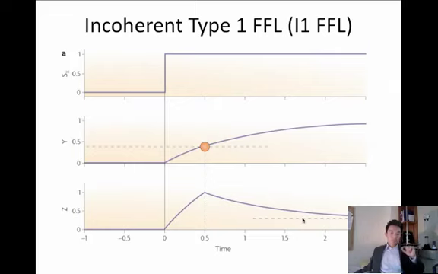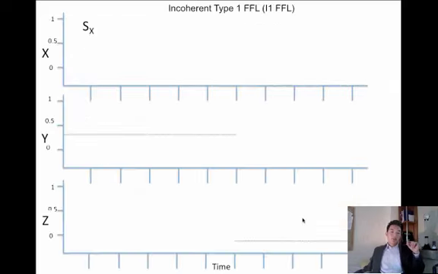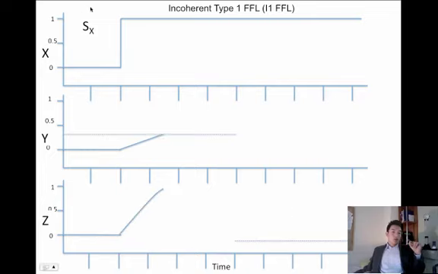If you look at the dynamic again, now in the incoherent type 1 FFL, you have a signal, and remember in this example Y is a repressor. So when X is activated, it leads to activation of Y as well as Z. But Y does not repress Z at that time because Y has not attained the threshold value.